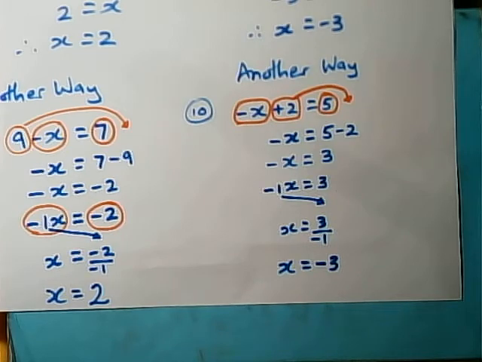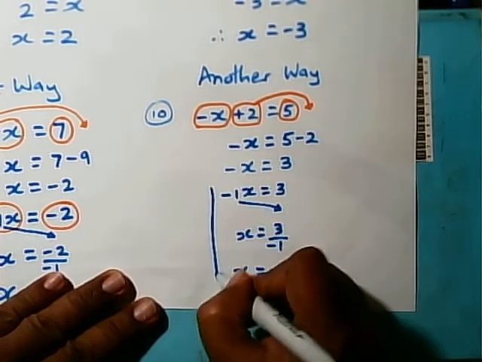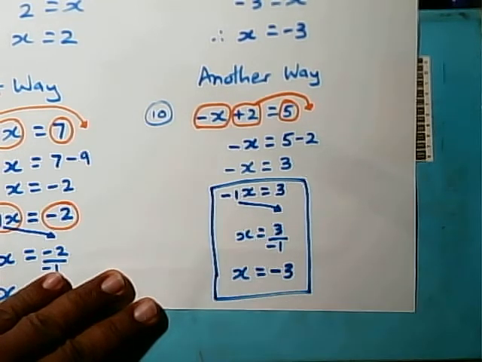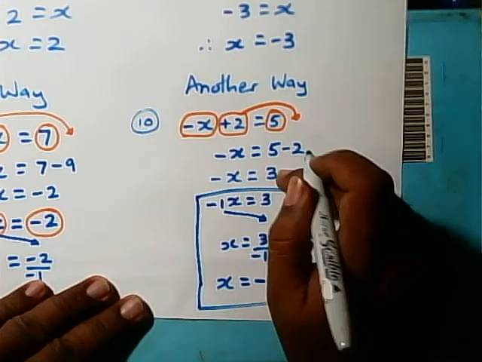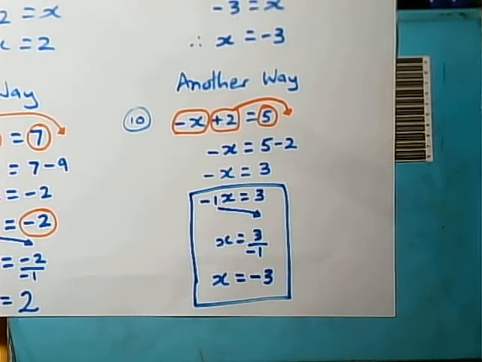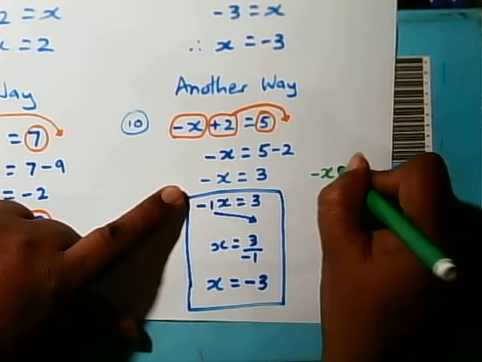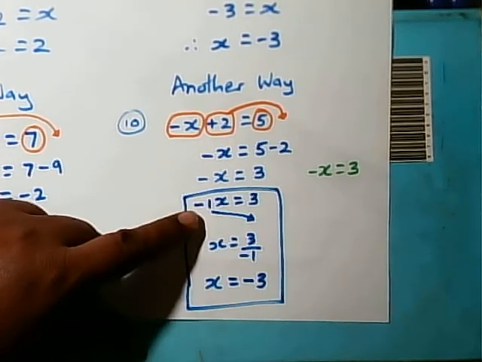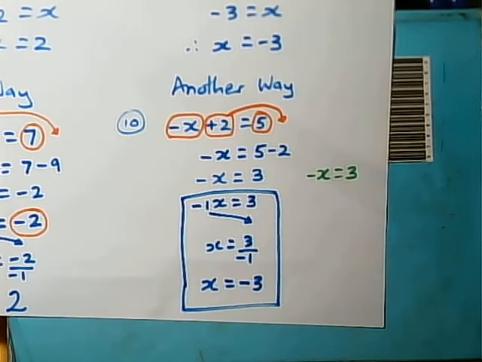So that was one way we could do it, but there's another way I taught you all to do it as well. If you had this line here, minus x equals 3, let me write it over in a different color. If we had reached minus x equals 3, instead of coming down with the minus 1 here, I also taught you another way to work it out.